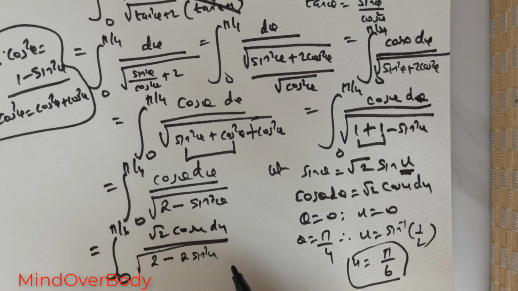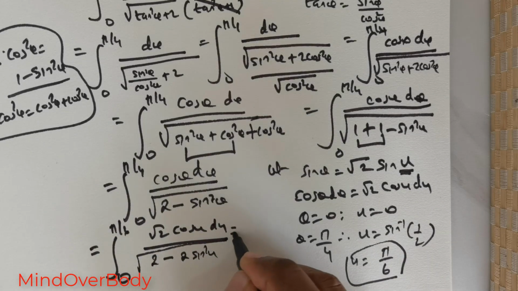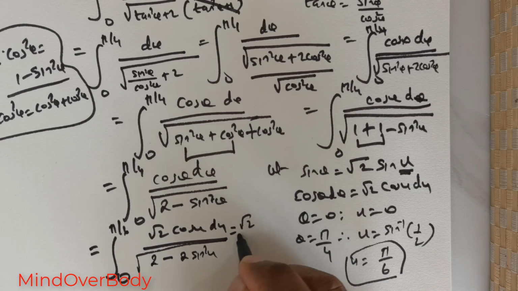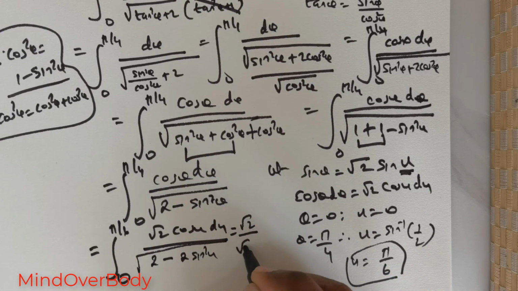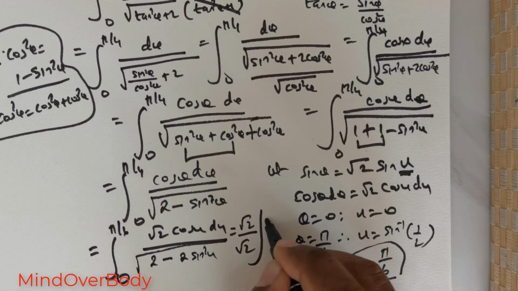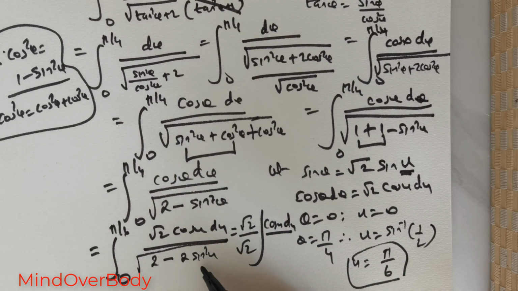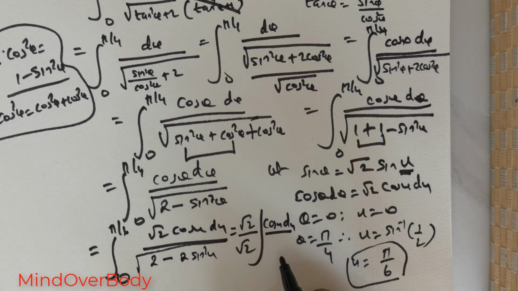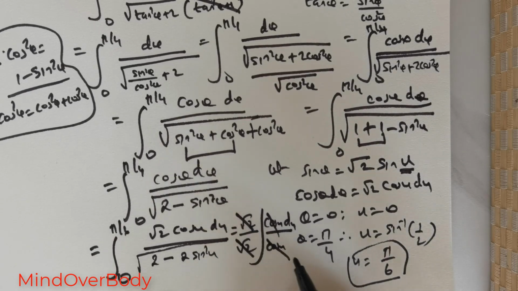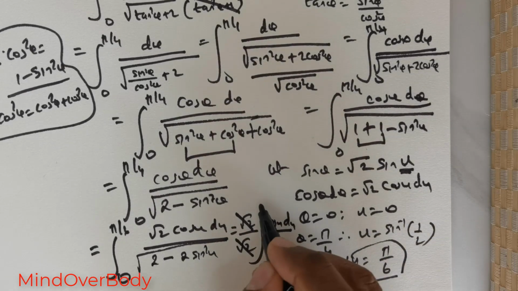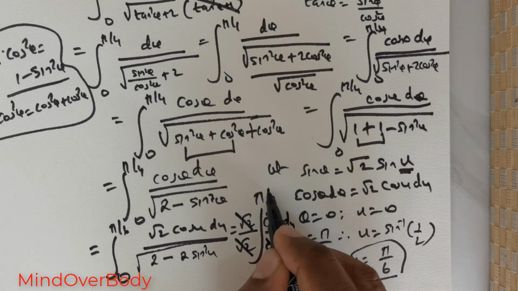If I take the 2 out of the root, it is going to be root of 2 integral cos u du divided by root of 1 minus sin squared u, that's cos squared u, and root of cos squared u is cos u. So cos u can be cancelled, root 2 can be cancelled, and you get 0 to pi over 6.